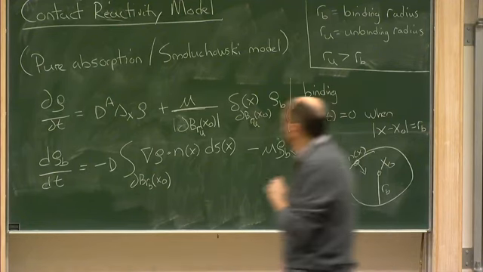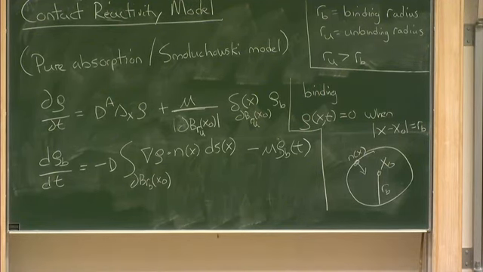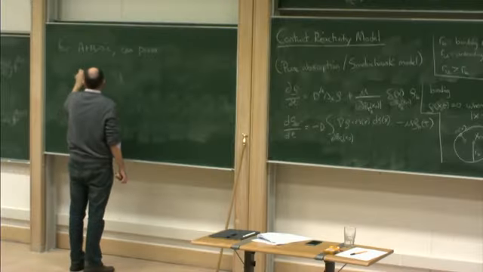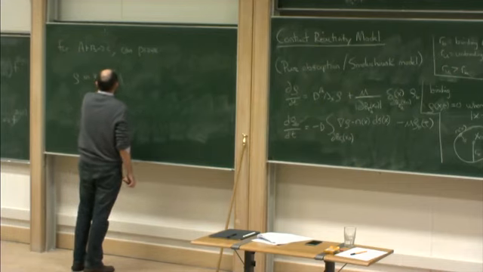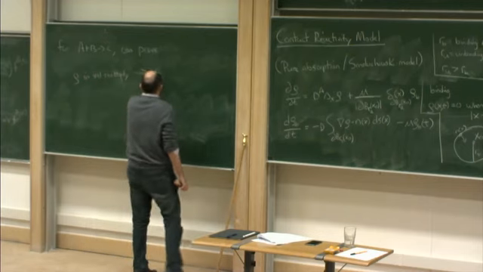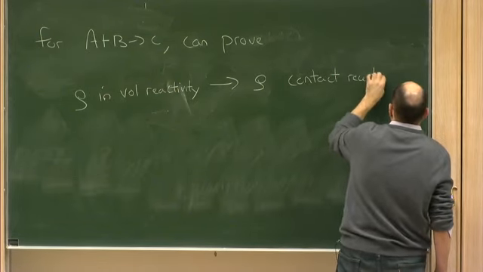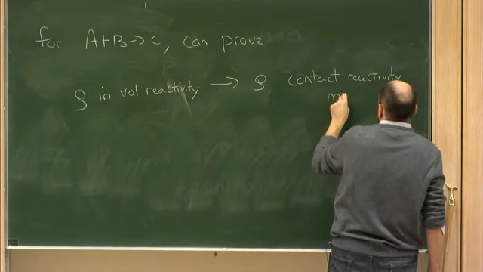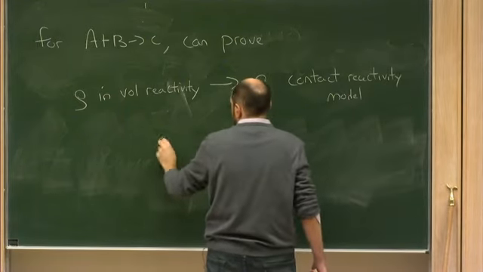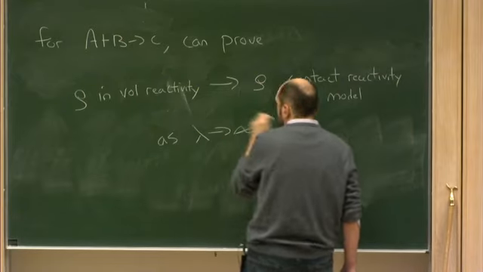Okay, so this is just an aside, but if you just have association, you can prove that rho in the volume reactivity model goes to rho in the contact reactivity model as lambda goes to infinity.